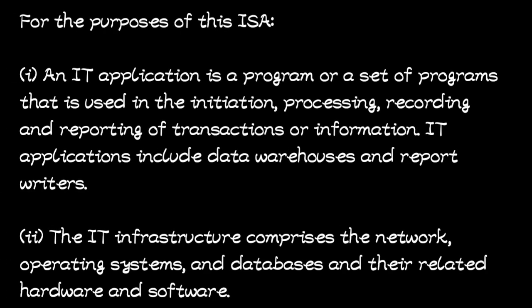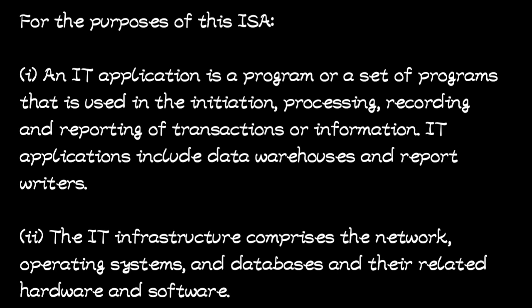So, for purposes of this ISA, which is ISA 315, we are going to define the following. First is an IT application, the app. This is a program or a set of programs that is used in the initiation, processing, recording, and reporting of transactions or information. IT applications include data warehouses and report writers. This can be something like the way you see MobSep.